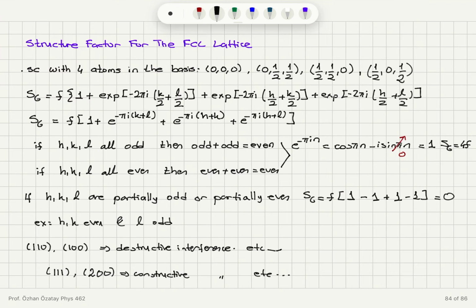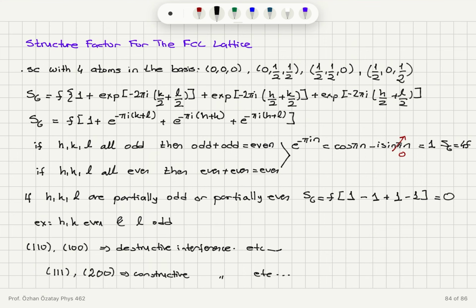So if I calculate the geometrical structure factor, I'm assuming these atoms are identical, so the atomic form factor is f for all of them. It will be 1 that's coming from the first atom at position 0, 0, 0, plus exponential minus 2 pi i k over 2 plus l over 2, second atom, h over 2 plus k over 2, third atom, h over 2 plus l over 2, the fourth atom.